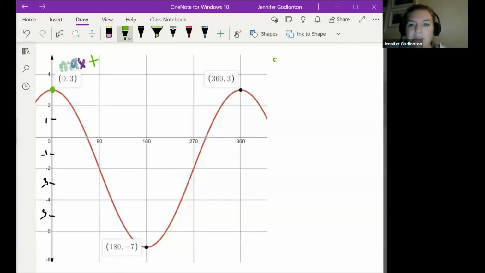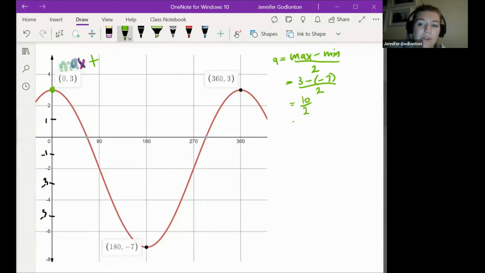To find A, we take our max, we minus our min, and we divide it by 2. Our max is 3, our min is -7, and we're dividing that by 2. Make sure that's in brackets. 3 plus 7 is 10. 10 over 2 is 5, and A is positive, which means we've got y is equal to 5 cos x plus q. Give yourselves 2 marks.